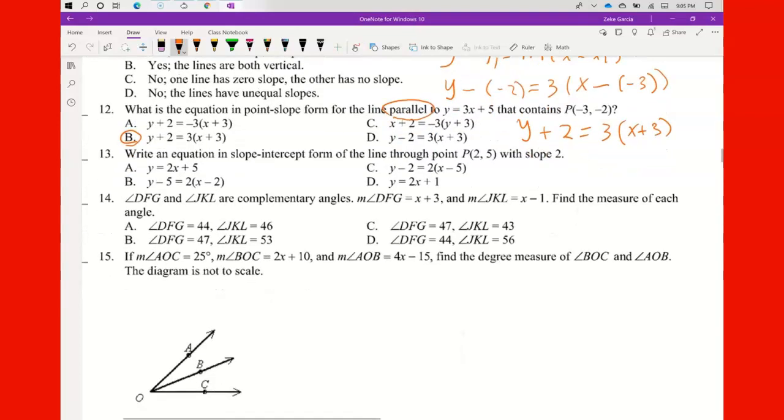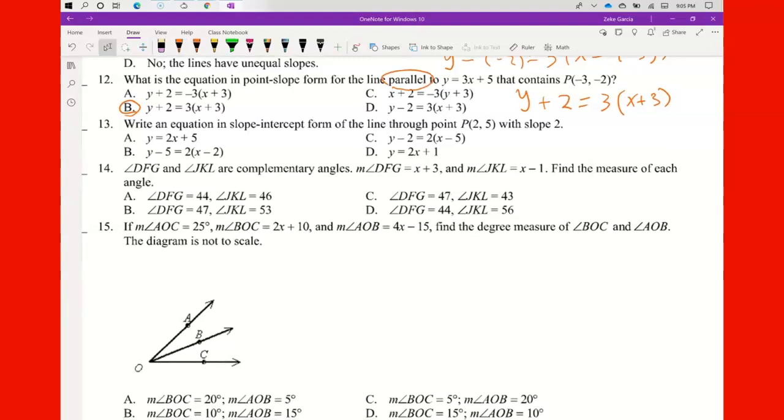Okay, for 13, we're going to also use point slope, but we got to write it as slope intercept form. In other words, we have to solve for y. It says write an equation in slope intercept form of the line containing the point 2, 5, and the slope of 2. So you have y minus y1 equals m times x minus x1. So we have y minus 5 is equal to m, which the slope is 2, and you have x minus 2.